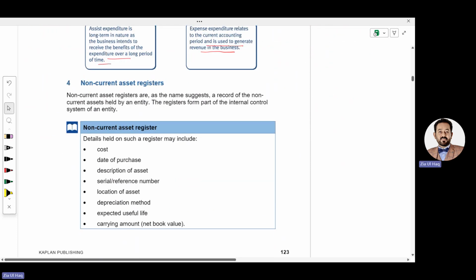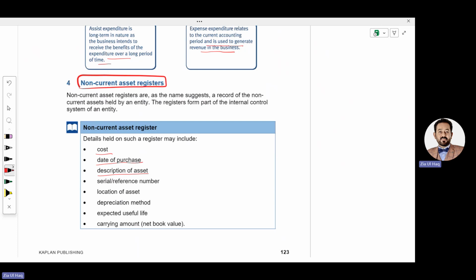What is the non-current asset register? Every company has to maintain a register for non-current assets, called the non-current asset register. In that register, the business has to record all the details of the asset: the cost of the asset, the date of purchase, when the asset was bought, and the asset description, meaning where it is going to be used in the business.